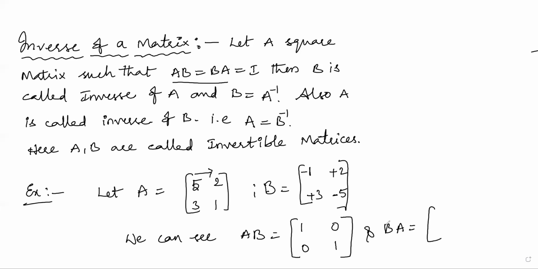We can also see BA: this row into this column gives minus 5 plus 6 is 1, and 0, 0, 1. What did you observe here?